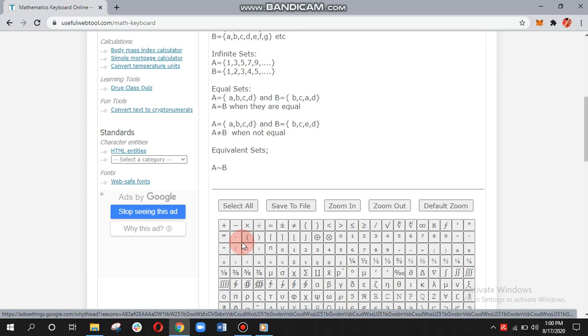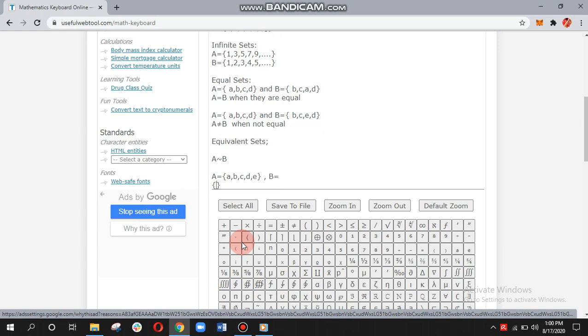We have A equal to A, B, C, D and E, whereas B is equal to 1, 2, 3, 5 and 4. And we have another set C: X, Y, Z, U, V.